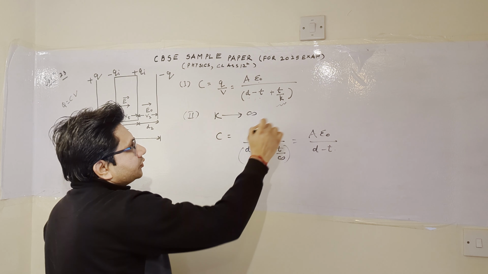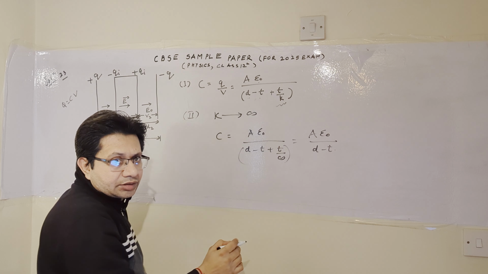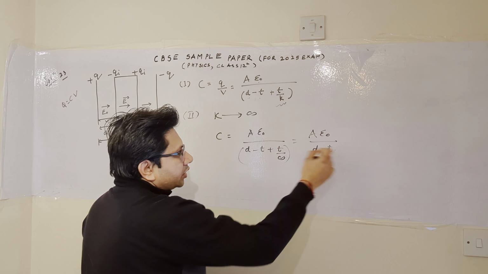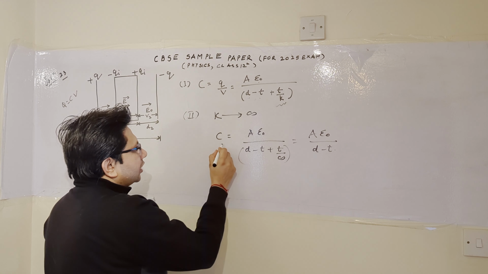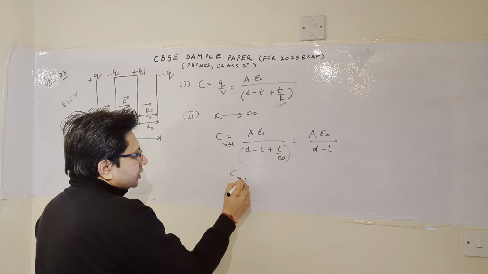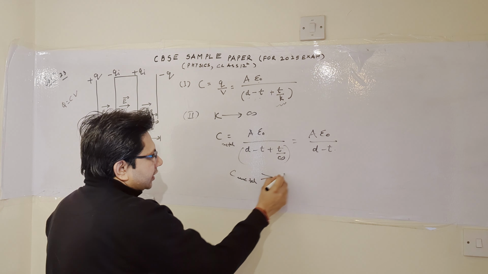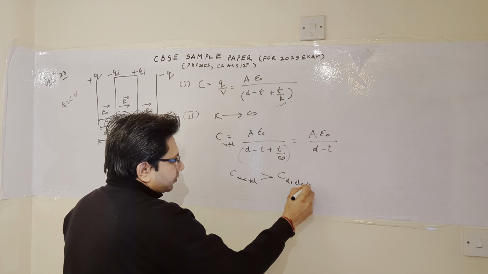So the denominator is large in the case of dielectric and small in the case of metal. When the denominator is small, the capacitance in the case of metal is greater than the capacitance in the case of the dielectric.